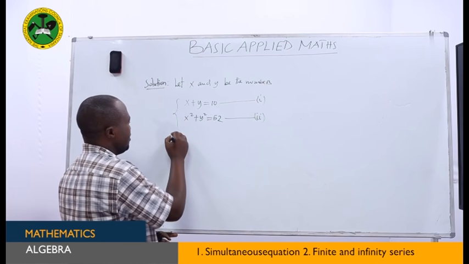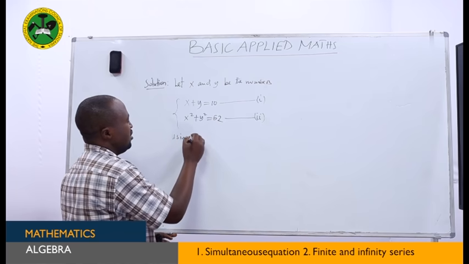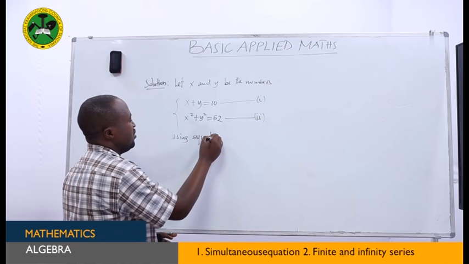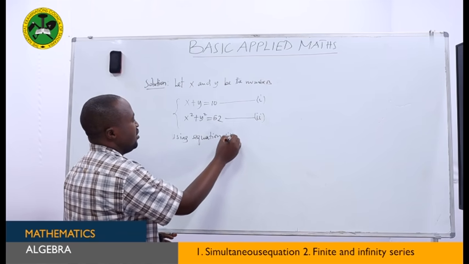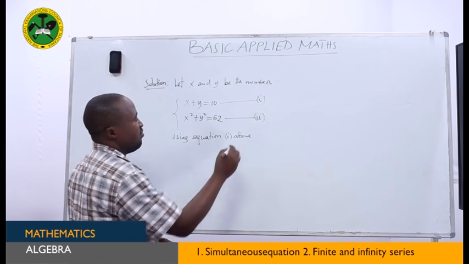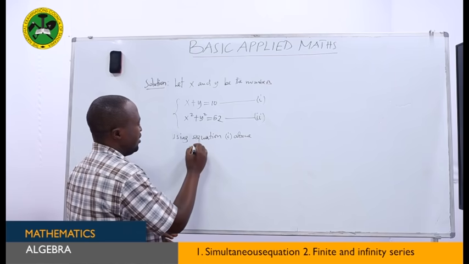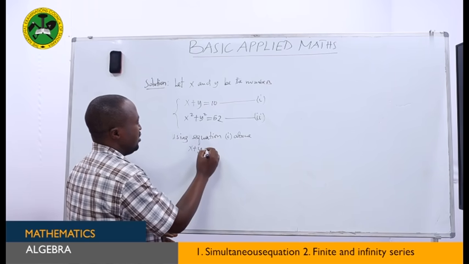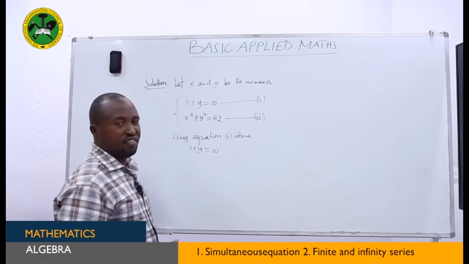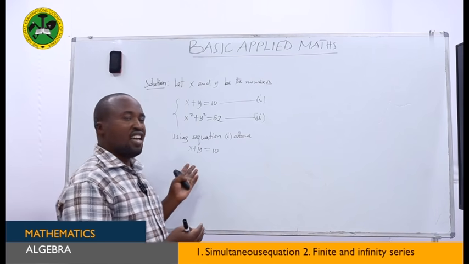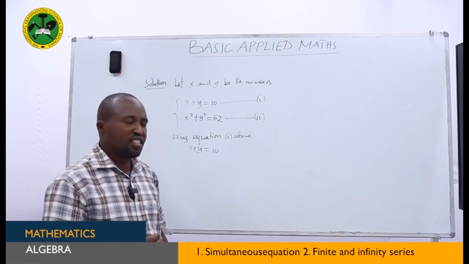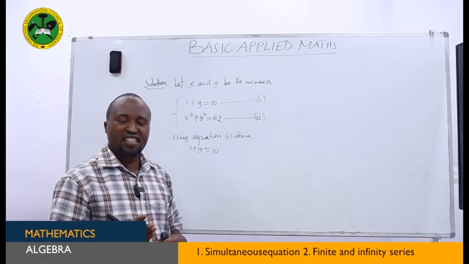Now, using equation 1 above, we just start with equation 1, that is x plus y is equal to 10. At this point, you decide either to make x the subject or y the subject.